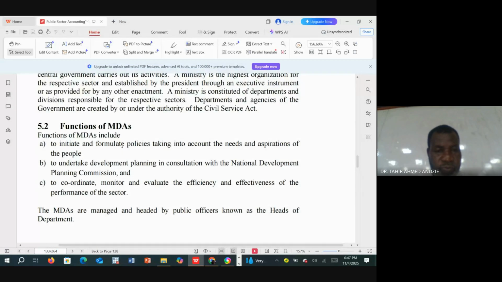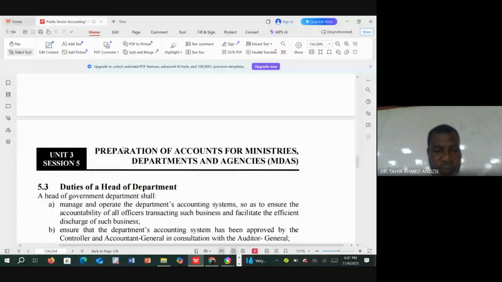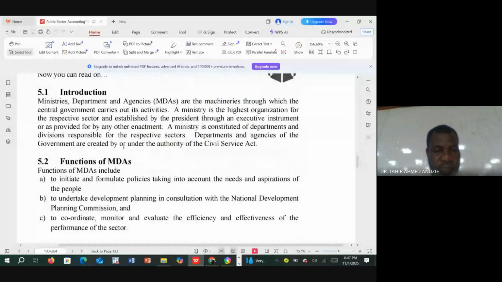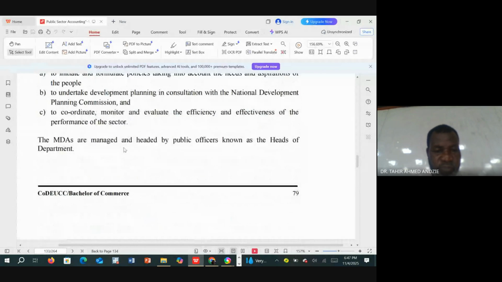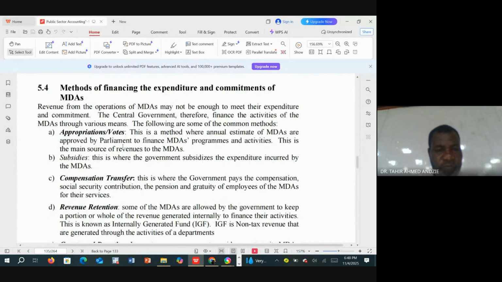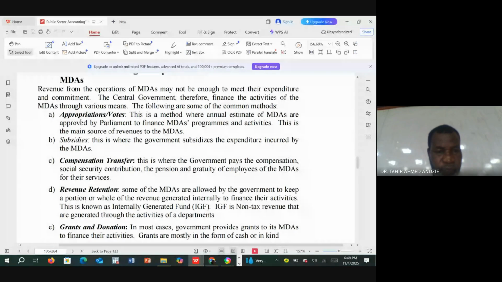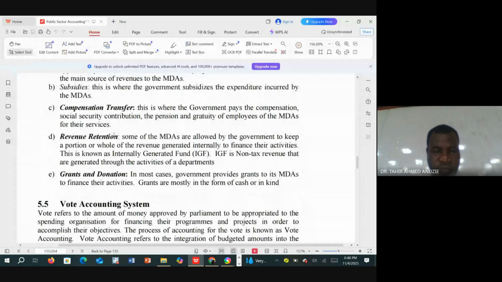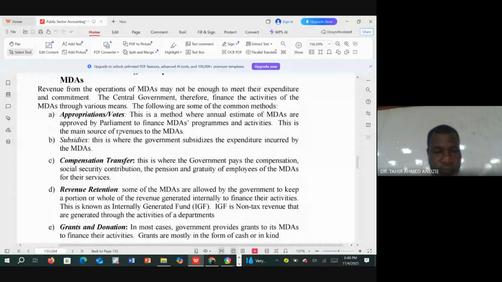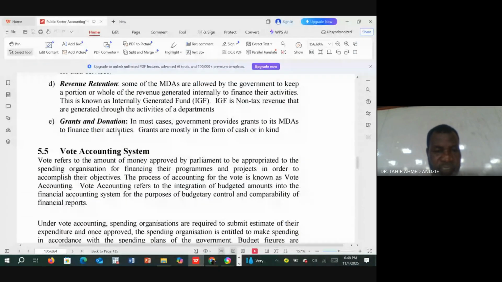And so we looked at the various functions of the heads of department, the heads of the MDAs, and then looked at the method of raising or financing the expenditure and commitment of MDAs. Look at the appropriation votes, compensation transfer, revenue retention, and that is the method of releasing funds for the expenditure of the MDAs. Look at it.